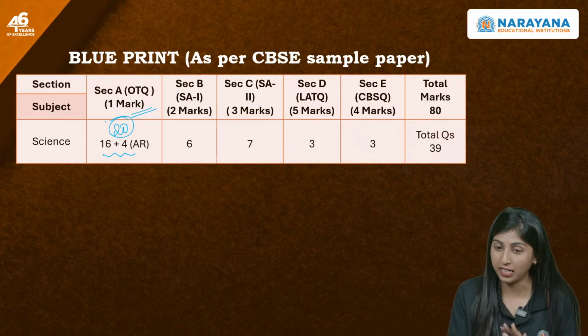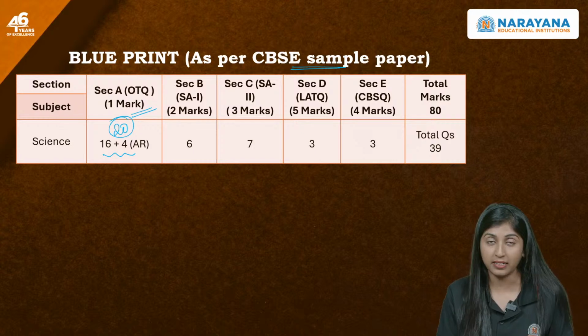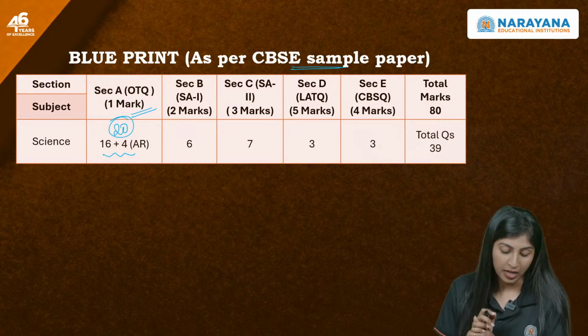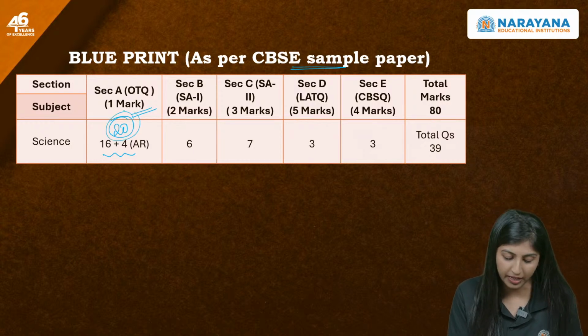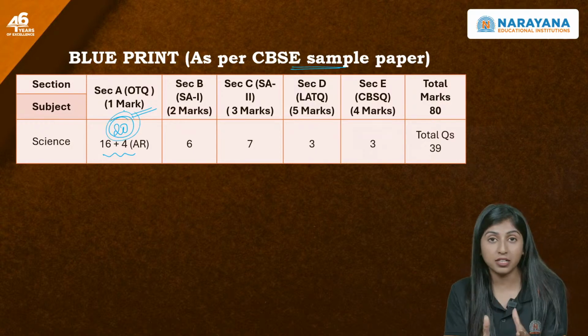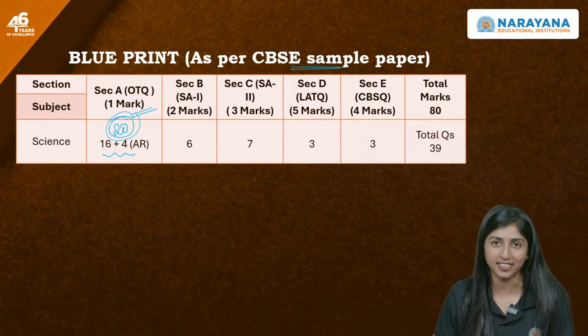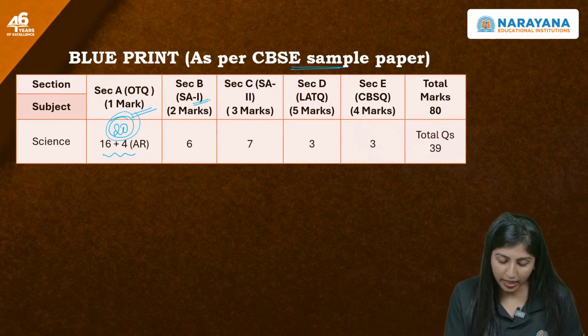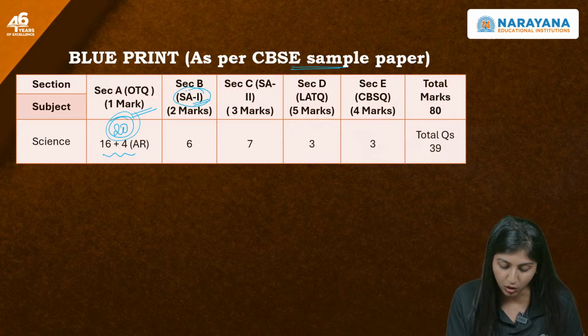And again, I'll tell you this is as per the latest CBSE sample paper, right? This is the estimated weightage. Now, from objective type questions, how many 1 markers are coming? We are seeing 21 markers, in which 16 questions are direct MCQ while 4 are assertion reason type. Then short answer question, that is very short answer question, means short answer type 1, wherein each question carries 2 marks.